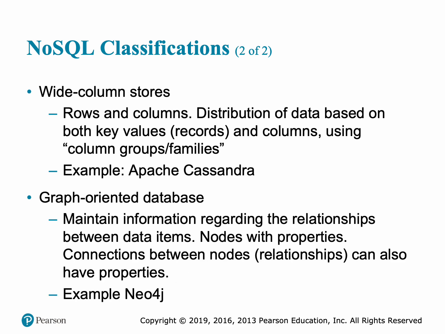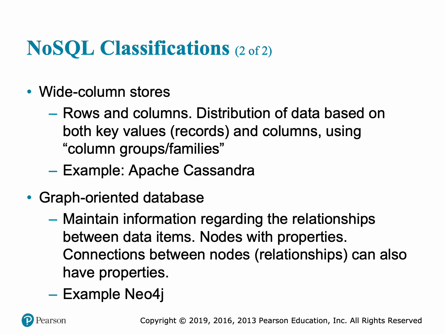Now let's look into wide column stores and graph-oriented databases in a little bit more depth. Wide column stores are a type of NoSQL database that stores data in columns rather than rows, providing high flexibility and scalability for large-scale data applications. In a wide column store, each row can have a different number of columns, and data is stored in the column family format, where columns are grouped into families based on their related data.